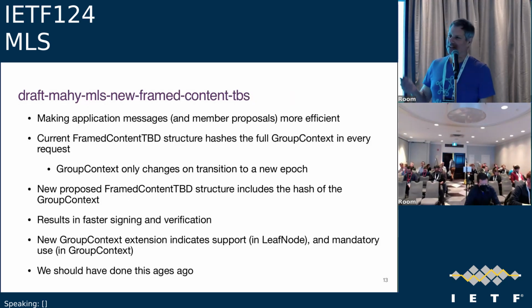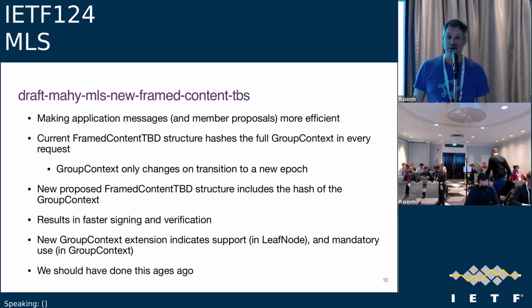Okay, this one is a very, very short, very simple draft. So right now, when you go to send a message, whether it's an application message or a proposal or a commit, you are going to create this structure called a framed content TBS.